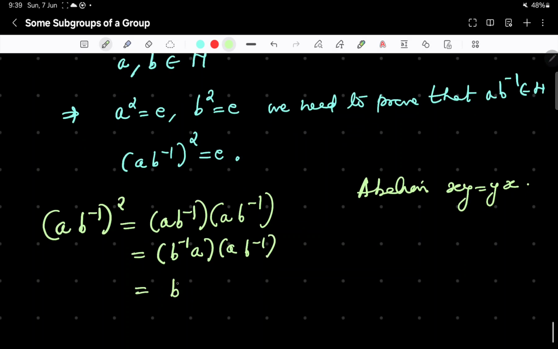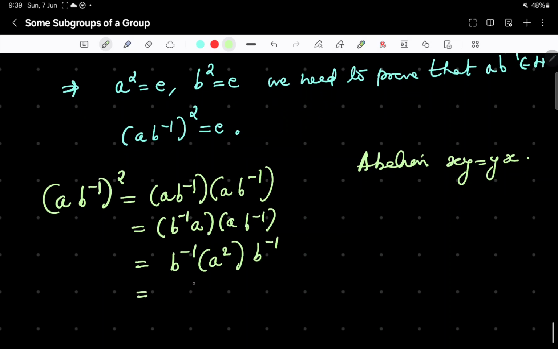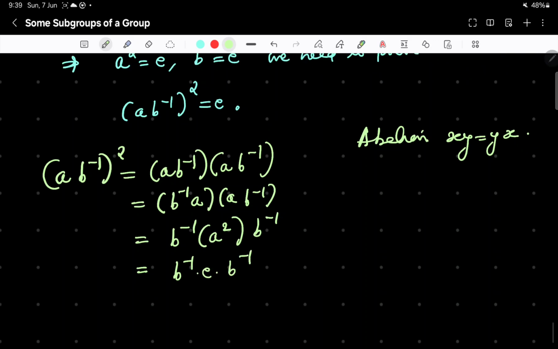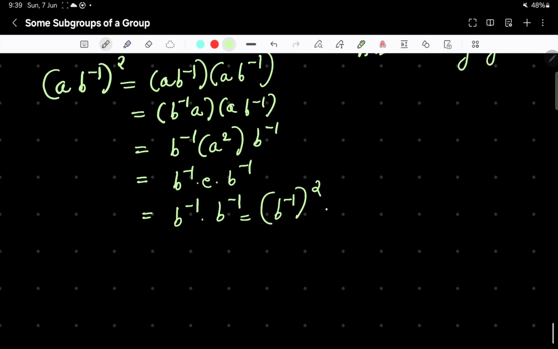This implies, by associativity, I can write A square B inverse. A square is equal to E, that's what it tells you. So this will give you B inverse times B inverse, so it is B inverse square.